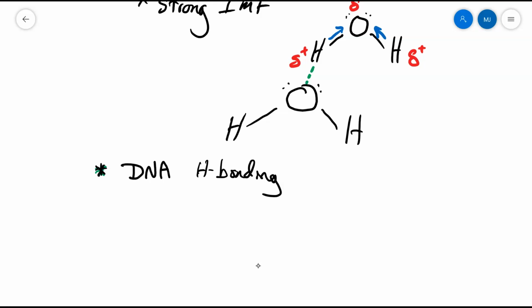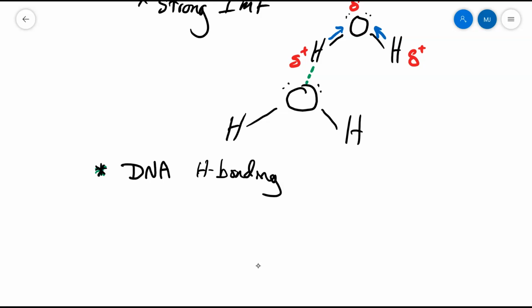If the bond wasn't strong enough, your strands would just come apart. It is the strength of the hydrogen bond that allows the DNA structure to exist and then be able to come apart as needed. So, very, very important bond type.